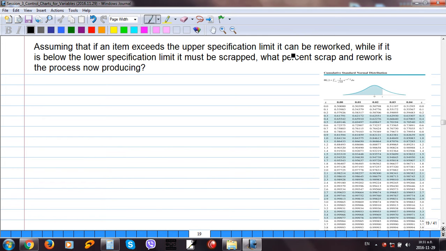What percent of scrap and revoke is the process now producing? This asks for a percentage. It means that item, I am taking it as X, so that's a probability. Then if item X exceeds the upper specification limit, it is revoked.